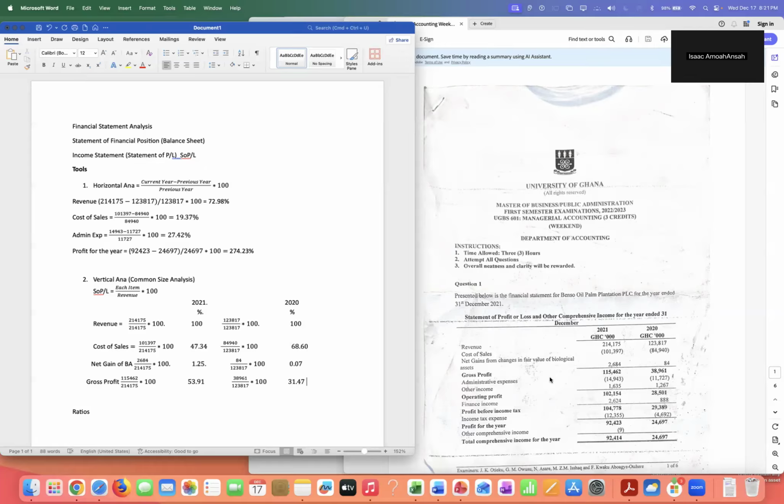The reason is because they spent less on cost of sales. Someone will say that the reason why gross profit performs better in 2021 is because the firm seemed to be managing down their cost of sales, right?